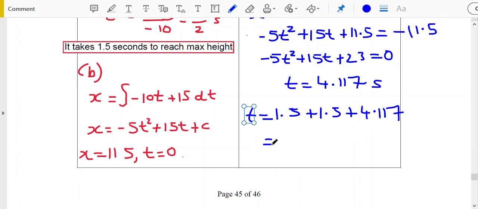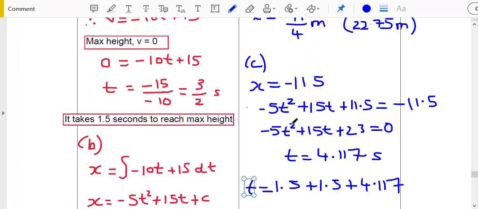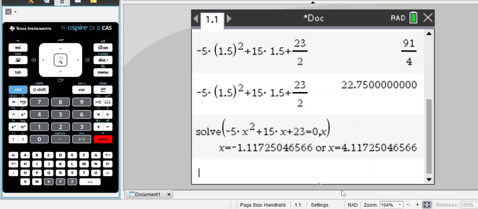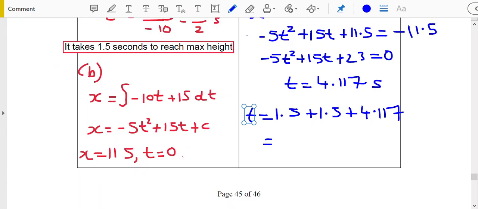And then we add those numbers and then just round to 1 decimal place, which is what the question is asking there. So 1.5 plus 1.5 plus 4.117. So correct to 1 decimal place is 7.1 seconds. 7.1 seconds in total.